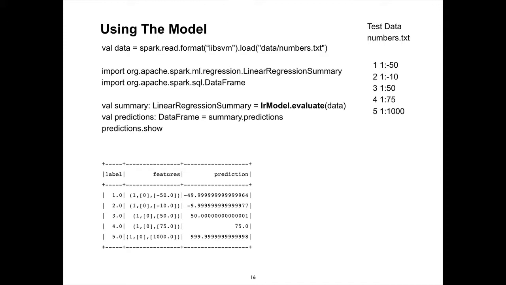We get back a linear regression summary, and there's various information we can get from that. We can get the predictions, and what the predictions do is give us a data frame which shows here's the label, here are the features, and here's what was predicted given the model, right? And of course, you'd expect the predictions to be pretty good. So it predicted 49.999, and the actual value was going to be 50, right?